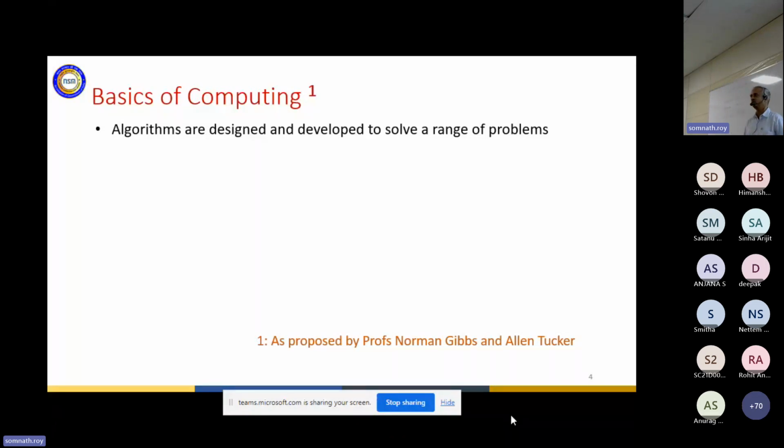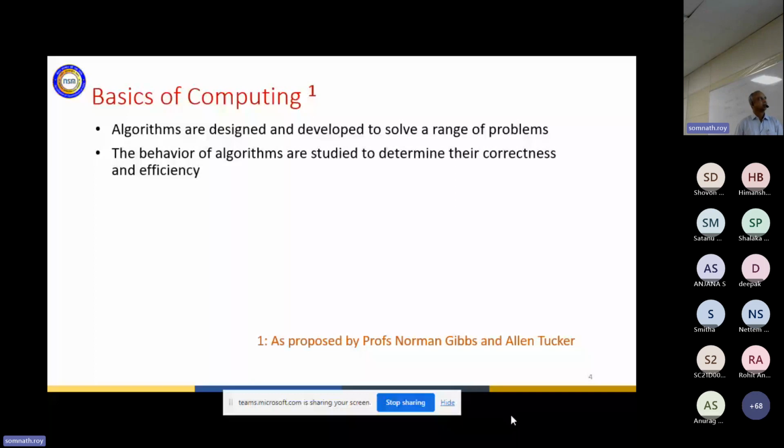Many of you here would be research scholars. The algorithms are designed for solving a large range of different problems. And first, when you design or think of an algorithm, especially mathematical algorithms, you have to first see whether it is correct. That is your first thing.